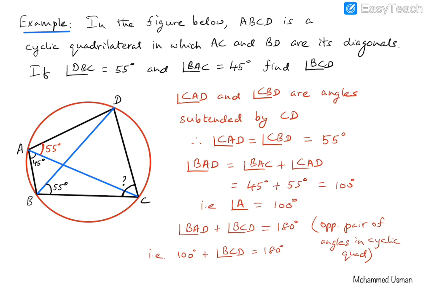So therefore, we will have now angle BCD equal to 180 minus the 100 degrees, which is equal to 80 degrees, which is what we have to find. So the angle BCD in the figure here, which is this angle over here, becomes equal to 80 degrees. So the question mark there is equal to 80 degrees, which is what we had to find.